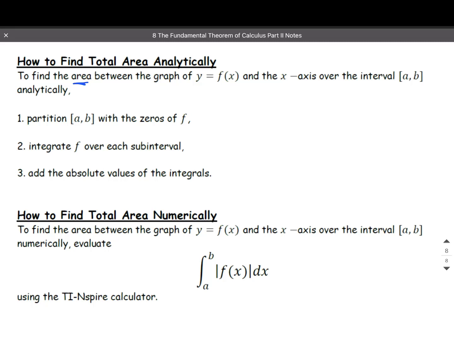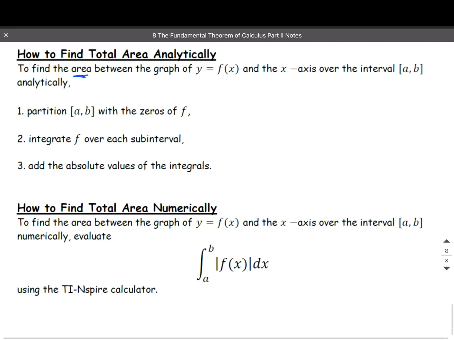It's the same thing. Another way to do this, if you're doing it numerically, which means with your calculator, okay, you can find the integral from a to b of the absolute value of f of x dx using your calculator. That will give you the total area.